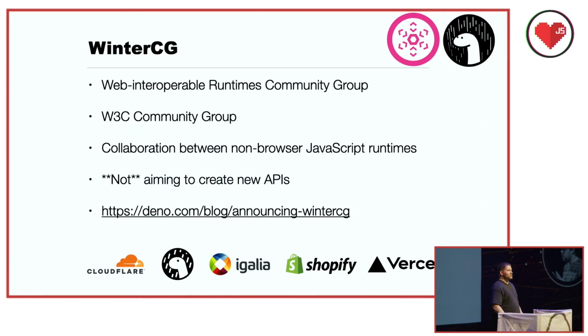I think that has changed a lot recently, but I'm hopeful that with this new WinterCG, that will be even more the case, that server-side runtimes are really considered. So there's a link to the blog post here if you wanted to go read more about it. And then not shown on the slide here, but Deno is also a participant in TC39, which is the standards body that actually defines the JavaScript, or I guess ECMAScript programming language.